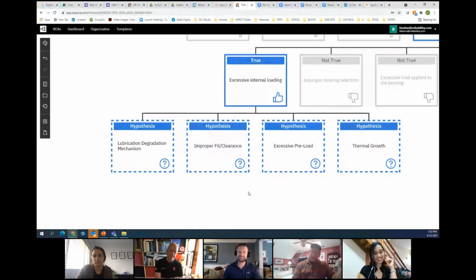But as you can tell, running through this logic tells you what you don't have. So on some of these, you're going to say, well, did you check the thermal growth? Well, no. Well, now you know what you've got to go do. You've got to go out there and see if that was a factor or not.